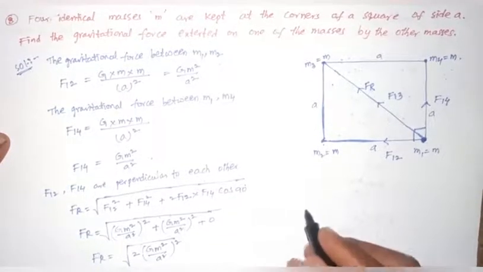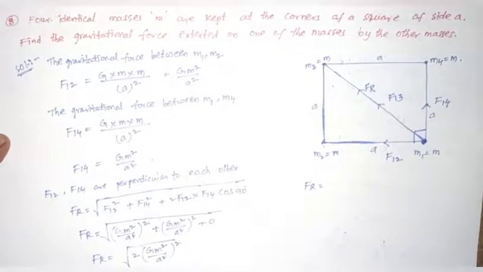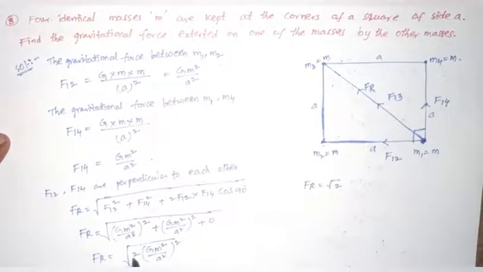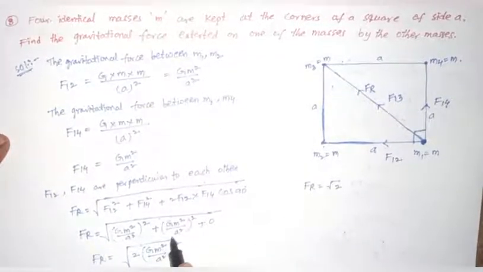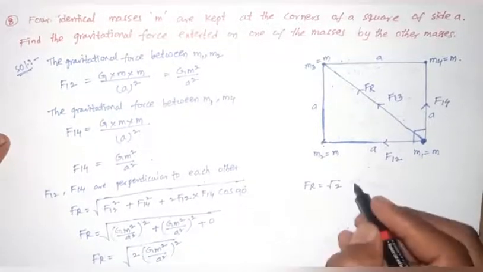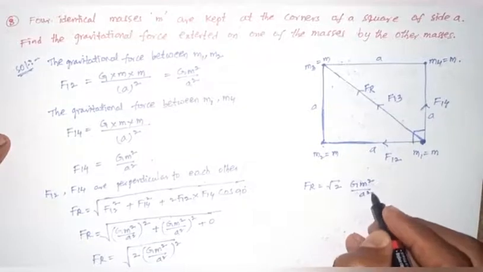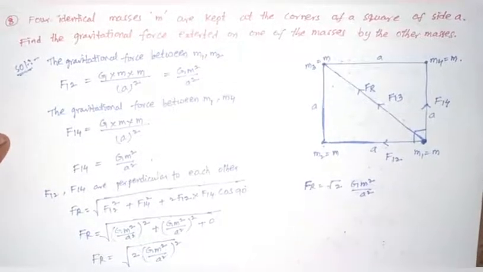So Fr equals root 2 into G m square by a square, since the square and square root cancel. So this is the resultant force.